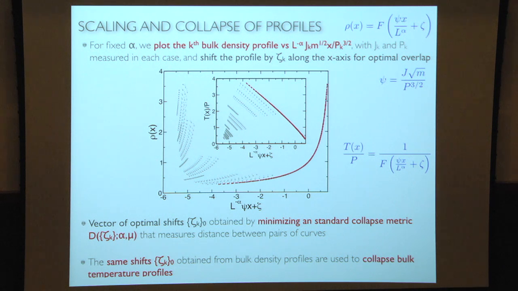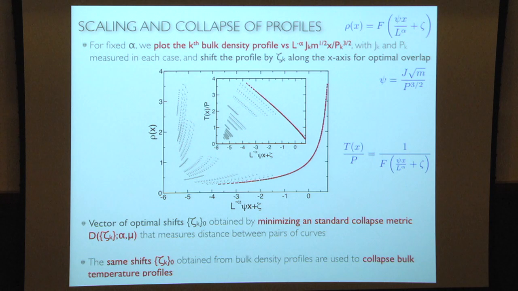And then we obtain these shifts by minimizing this standard collapse metric versus the shifts, okay? Once you have the optimal shifts, you have a distance for a given exponent alpha and mass ratio mu. So what we do is to minimize this distance, d of alpha mu, versus the exponent alpha, okay?